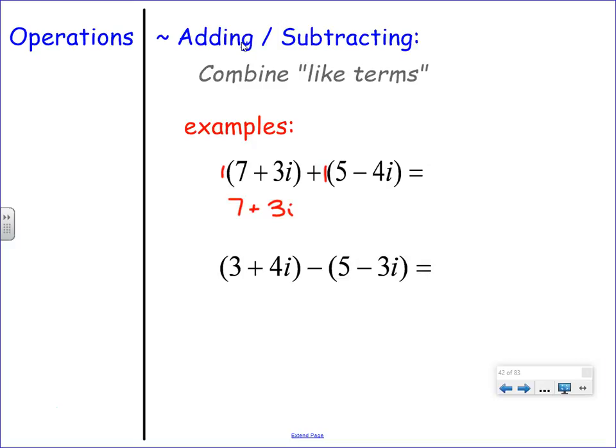Not unheard of, but weird. What happens with the other one? Addition of, they stay the same. I still have a 5, and addition of a negative 4i, which is still minus. Then I say, hey, cool beans, 7 and 5 makes 12, and then 3i minus 4i makes negative i. Cool.